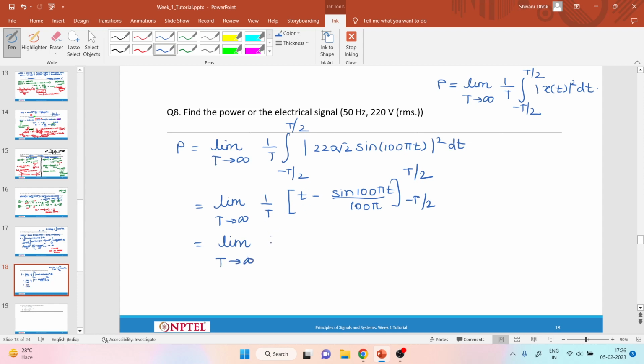So this can be written as limit t tending to infinity, this first thing. Is it sine 100 pi or 200 pi t? Sorry, 200 pi.